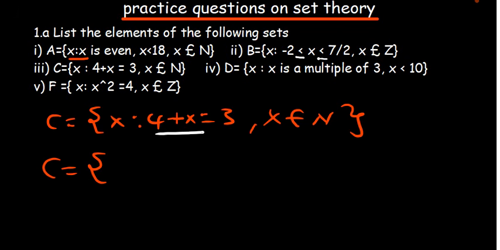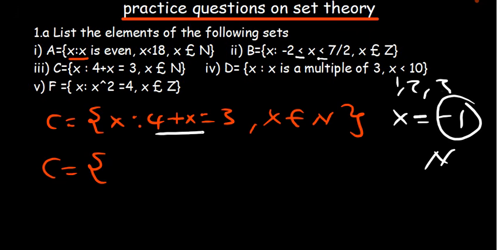Now, if you ask yourself, is -1 a natural number? No, natural numbers start from 1 going up. So do we have any natural number that we can add to 4 to give us a 3? Is it possible? Of course not. So we can say that there is no value of x that can satisfy the two conditions given there.